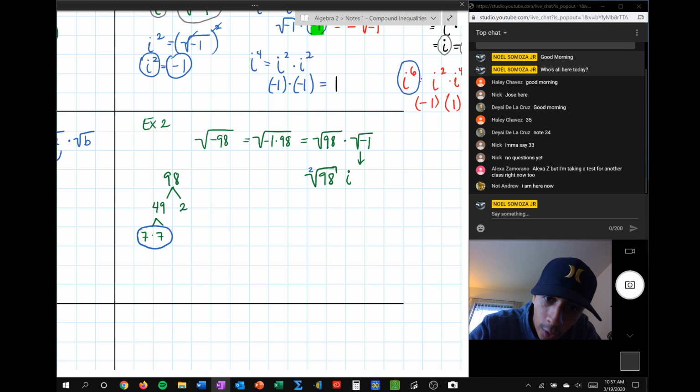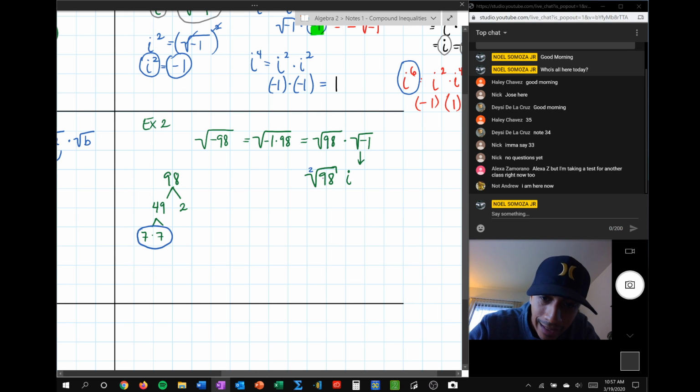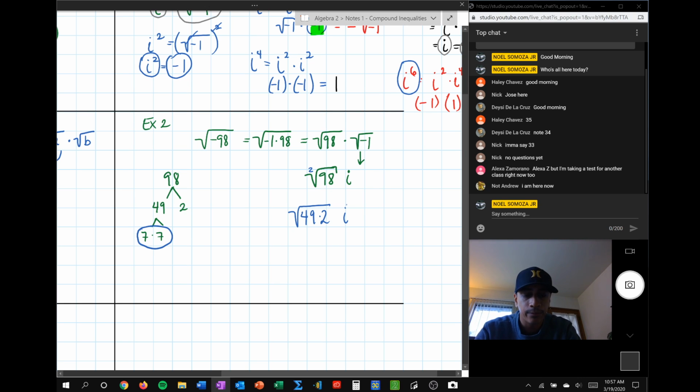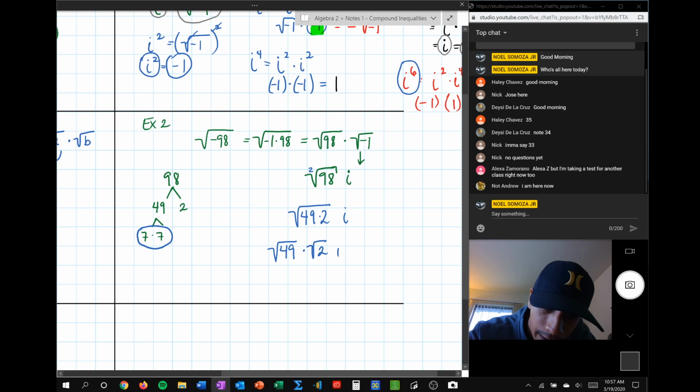Or another way to think about this is that the square root of 98i is also the square root of 49 times 2i. Now because you know how to split these apart, you can then say, well, that's the same thing as square root of 49 times the square root of 2i. And now you know that the square root of 49 is 7.